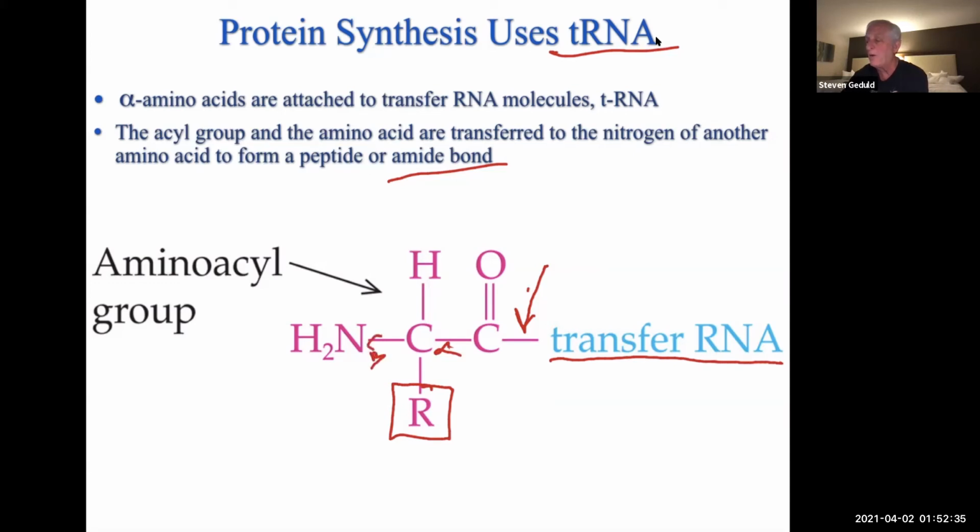The R group is attached to the alpha carbon. That's why these are called alpha amino acids, because the R group attaches to the alpha carbon of the amino acid.